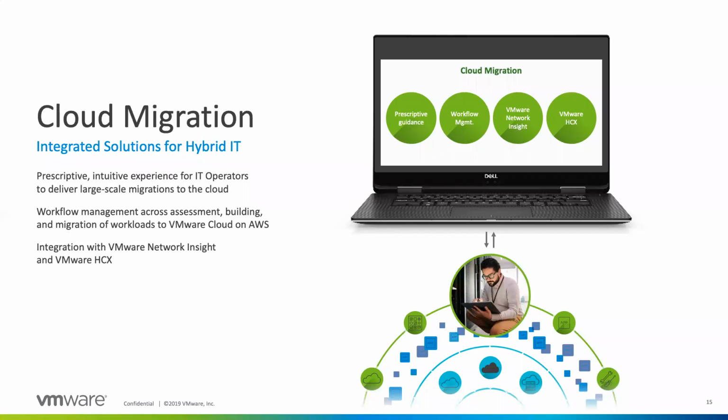To Network Insight to do dependency analysis of workloads so that you can figure out, hey, this application really needs to talk to this other application at low latency. Those two need to either move together or stay on premises together. They really shouldn't be separated across a large amount of real estate. And then HCX, which is really, I think, the most underutilized product in the VMware portfolio, is the magic that allows us to move these workloads so efficiently to the cloud.